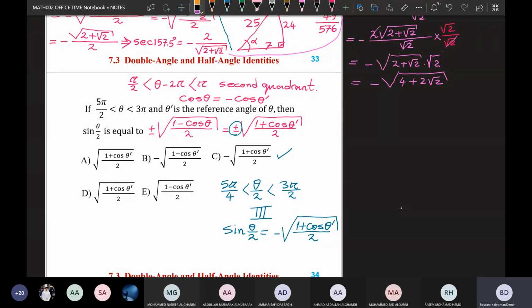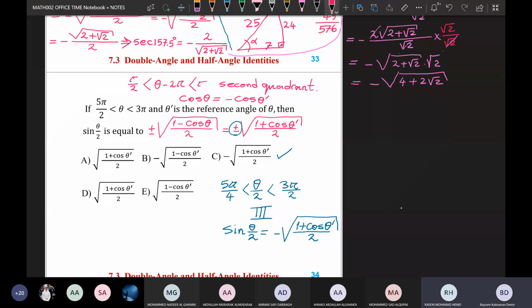Theta minus 2 pi. Coterminal, yes. So theta and theta minus 2 pi are coterminal, so they have the same location. Theta minus 2 pi is between pi over 2 and pi.